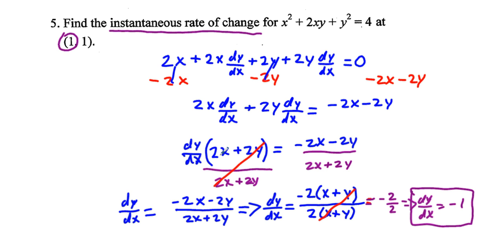Negative 1 and 1. We'd have negative 2 minus 2, that would be negative 4 over positive 4, which is negative 1 no matter which way we look at it.